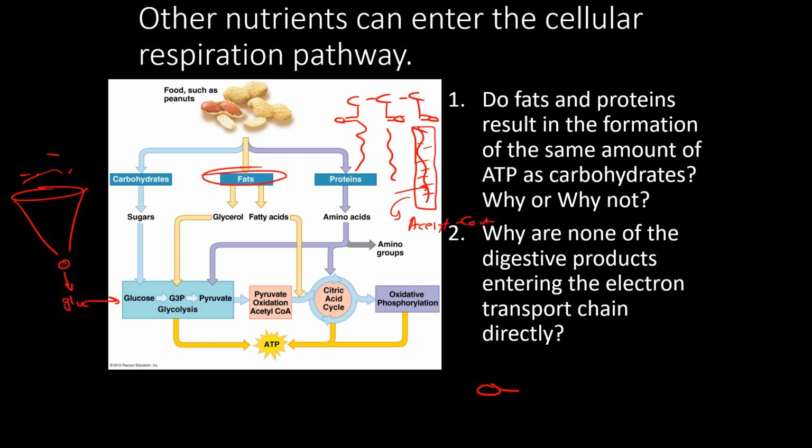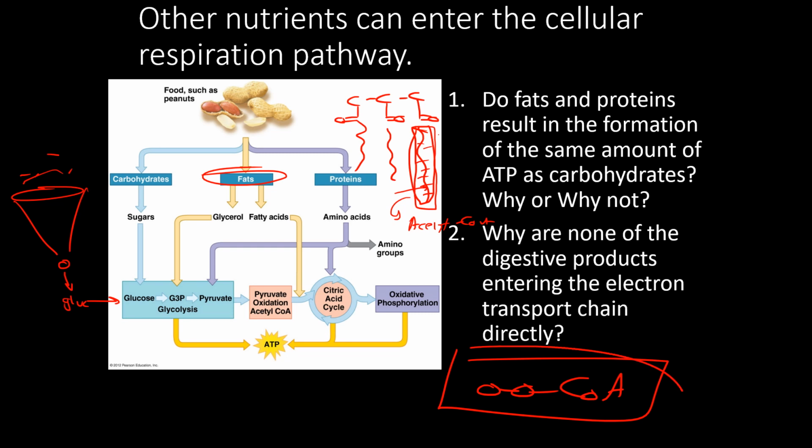Remember that acetyl-CoA is 2 carbons bound to the coenzyme A. And so a single fatty acid chain can generate 20 or 30 of these things. Okay, so as we break our fats down, we can feed those fatty acids directly into this portion of the respiratory chain, or this portion of the pathway. Okay, and then the glycerol, what's left over, the glycerol can actually be fed into glycolysis and converted probably into pyruvate.